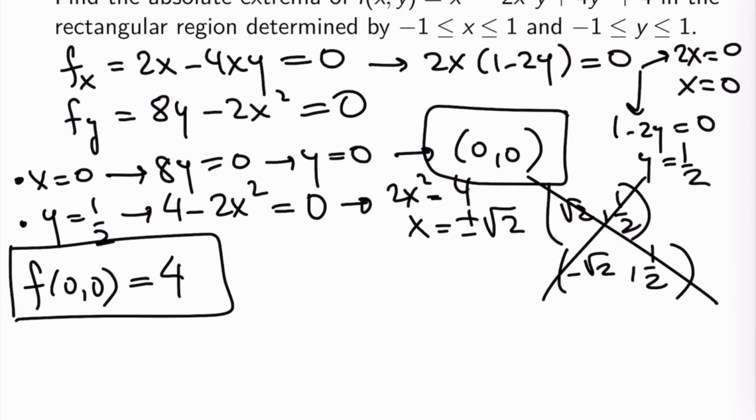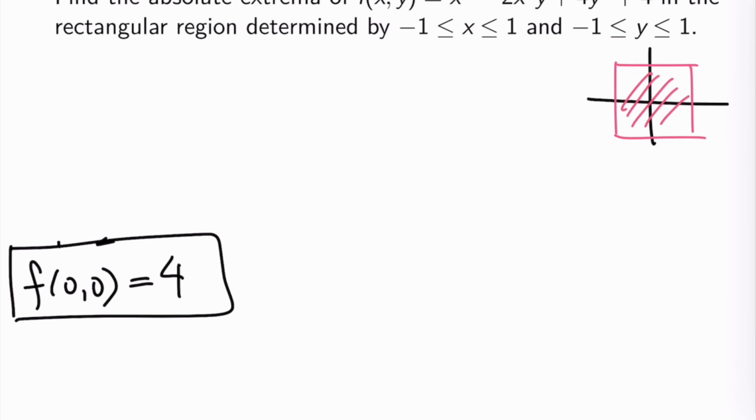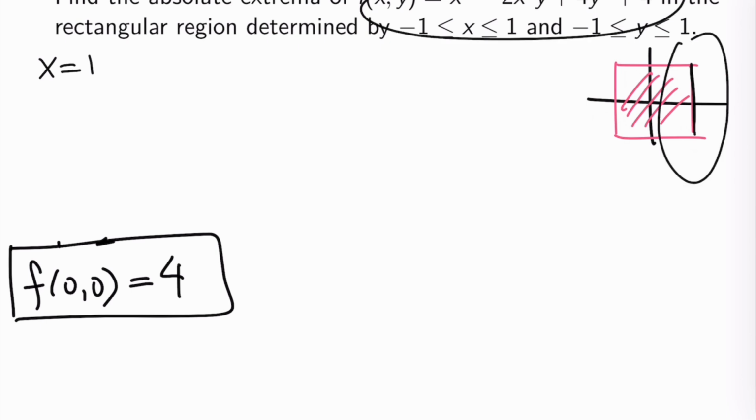Okay, so we finish with the part inside of this domain. So now let's see what happens when we go to the outside. So this is our domain, and now we are going to start studying what happened in the boundaries. So if x is equal to 1, we are going to restrict this function of two variables to the region where x is equal to 1.